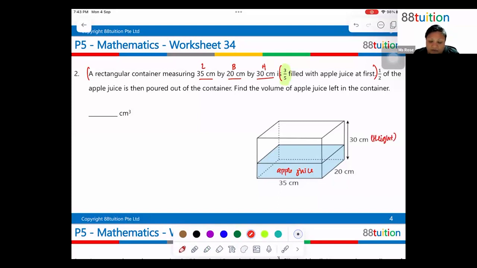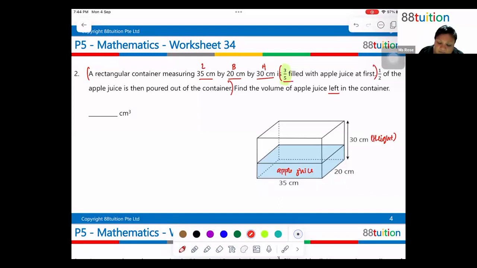Now, 3/5 filled with apple juice at first, we can find out how much apple juice there is, right? So if I read on, half of the apple juice is then poured out of the container, and you want to find the volume of apple juice left in the container. So what happened here is it is 3/5 filled with apple juice.